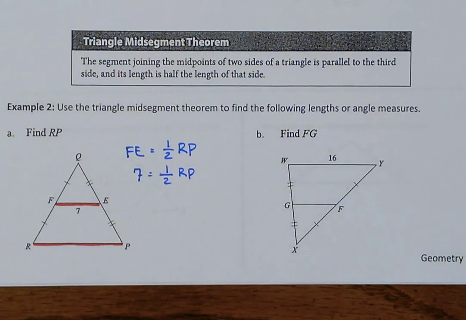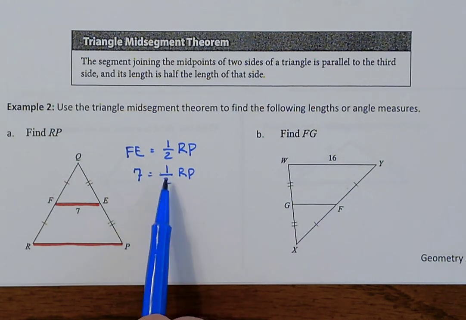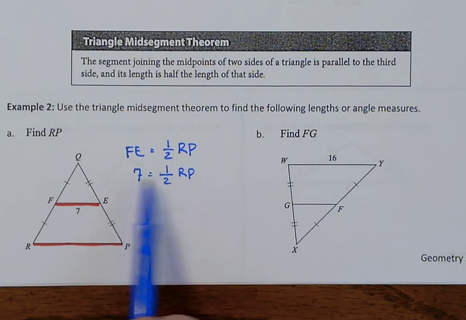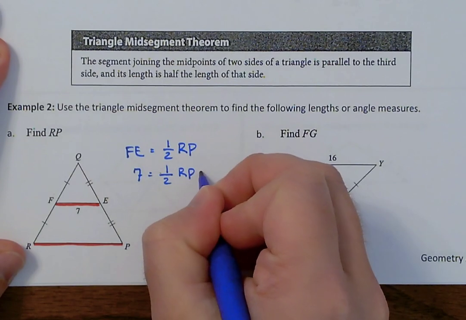So I now have 7 equals 1/2 RP. Now I need to find the length of RP. To get rid of this fraction of 1/2, I'm going to multiply both sides by 2.